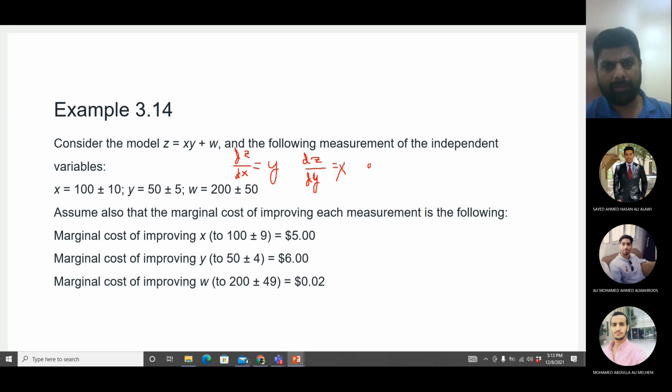Okay, and then if you take partial differentiation of Z with respect to W, then you will get 1. Okay, this term will become 0 and this will be 1. Okay, so these are the partial differentiations.